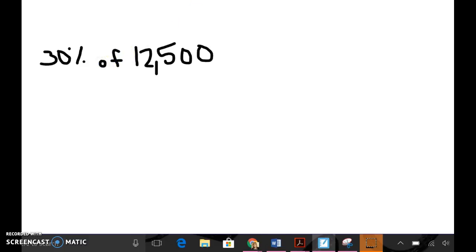And you know that first you need to change the percent to a decimal. So you drop the percent sign, put that decimal place in there, and move it 2 times. So I want 0.3 or 0.30 of, which means multiply, times your 12,500.